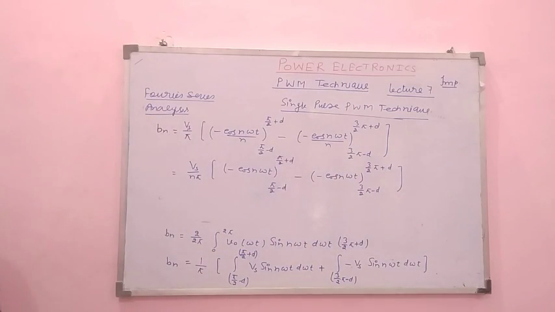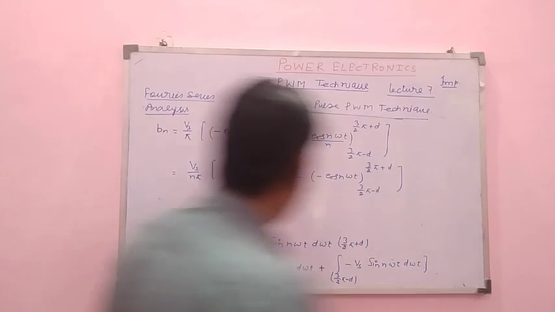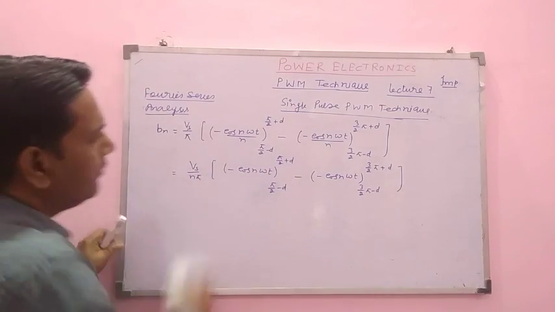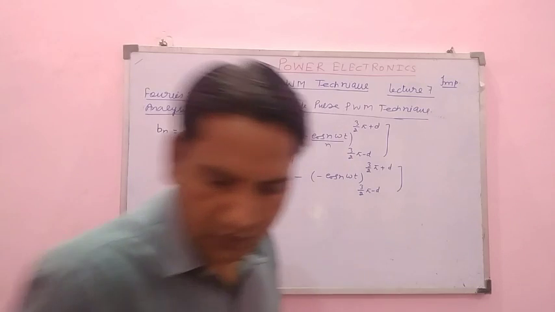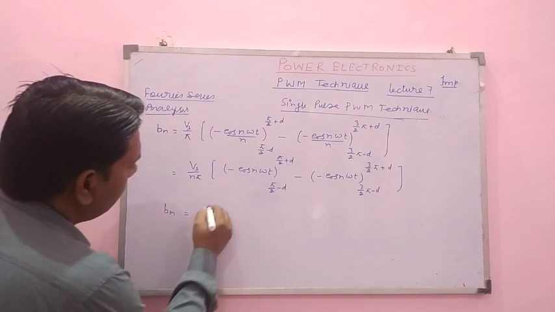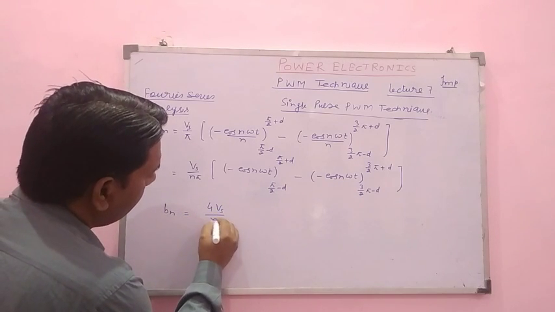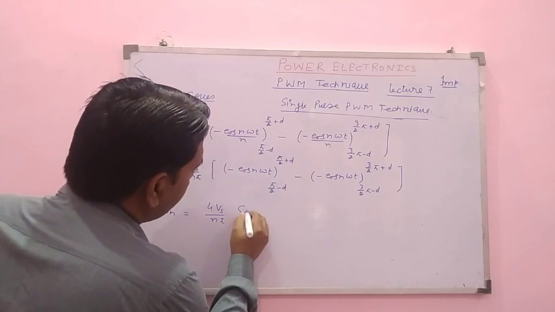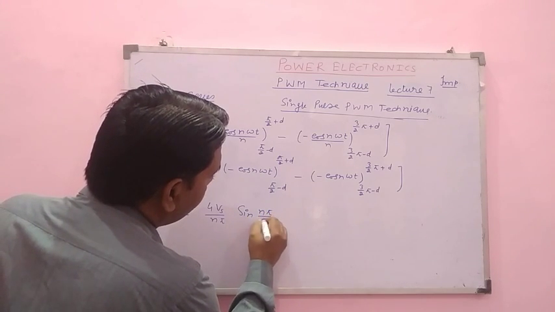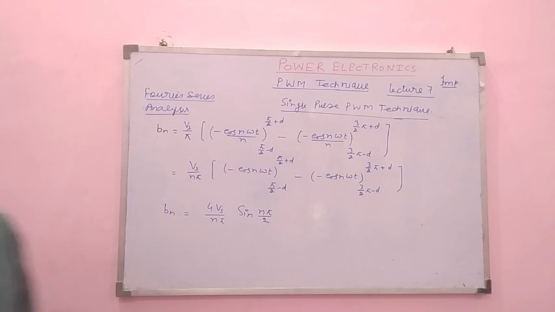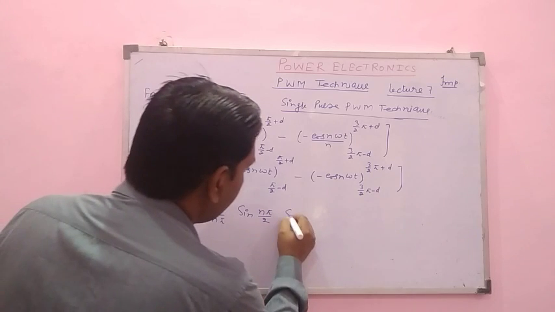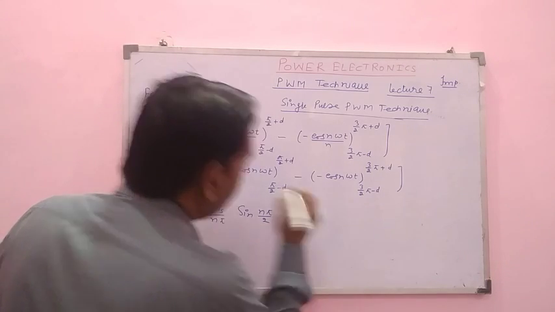So after calculation you can apply simple mathematics, and by putting the lower limit and upper limit, you will finally get the expression for Bn is equal to 4Vs upon n pi sin n pi upon 2 sin n d.